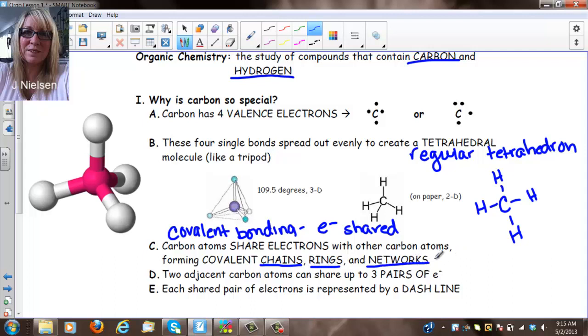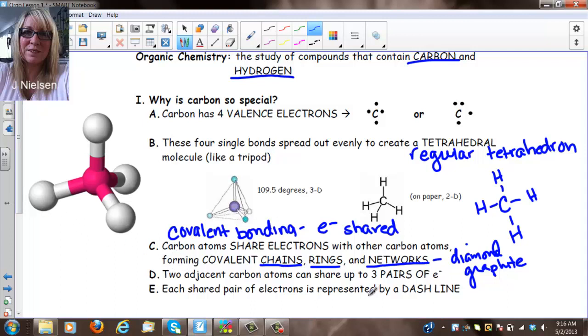And actually, we've already talked about 2 network solids. We've talked about diamond, and we've also talked about graphite, which is really just carbons, but they do form networks. And these are also allotropes because they are the same element. 2 adjacent carbon atoms can share up to 3 pairs of electrons.